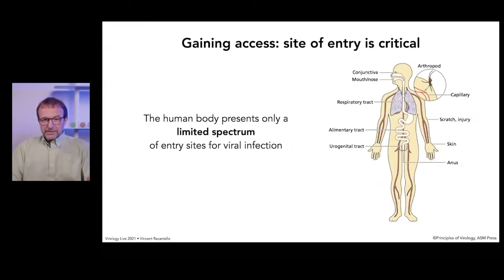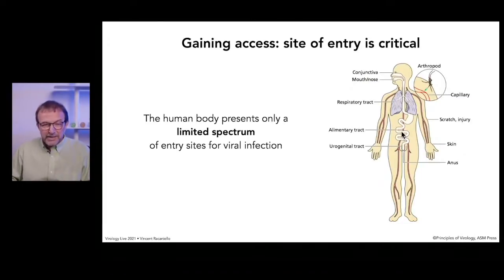The site of entry is critical, of course, and in fact, our human body only has a limited spectrum of entry sites for viral infection. Yeah, they're limited, and they're obvious, and they're shown on this picture. We have the skin. We have the respiratory tract.